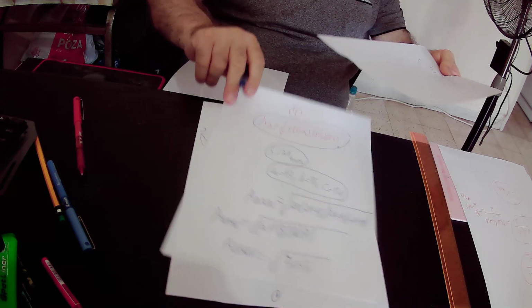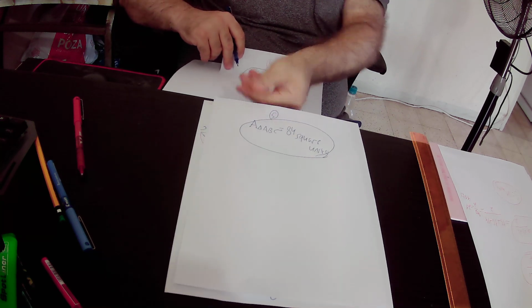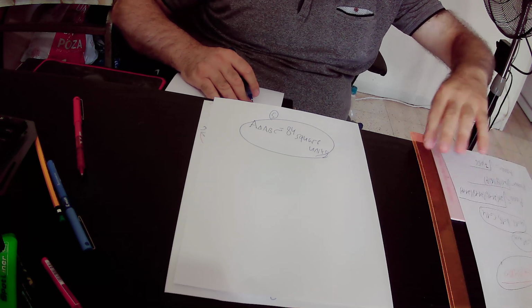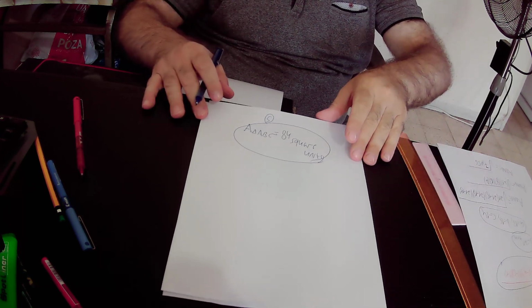So we found out that the area of triangle ABC equals 84 square units.